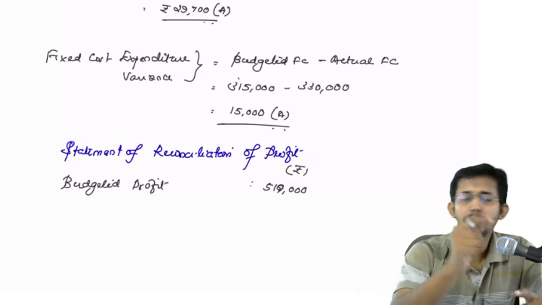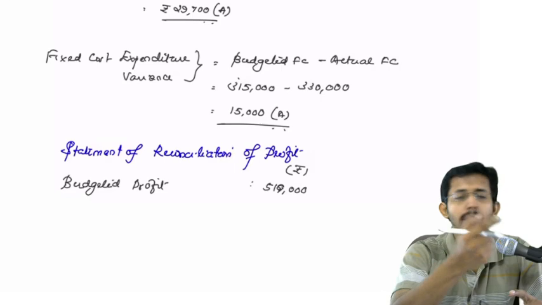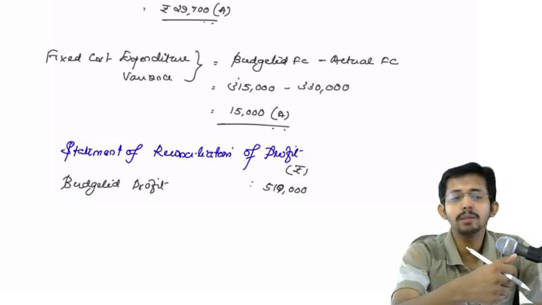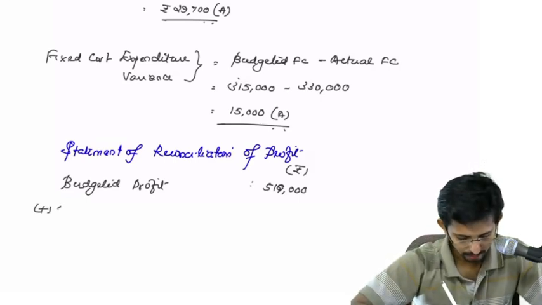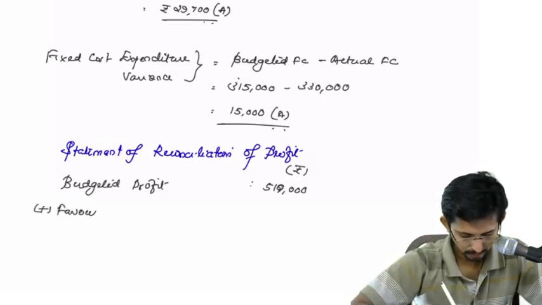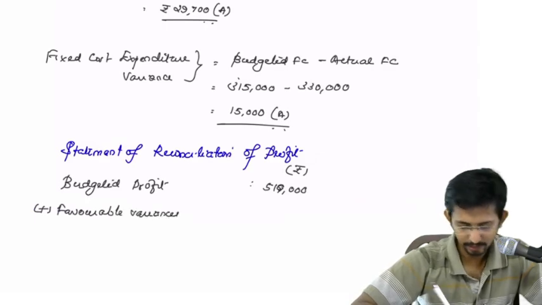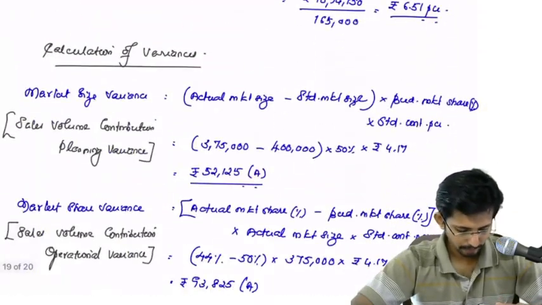When you start with budgeted profit, all favorable variances have to be added to the budgeted profit and any adverse variances have to be reduced from the budgeted profit. So add favorable variances.